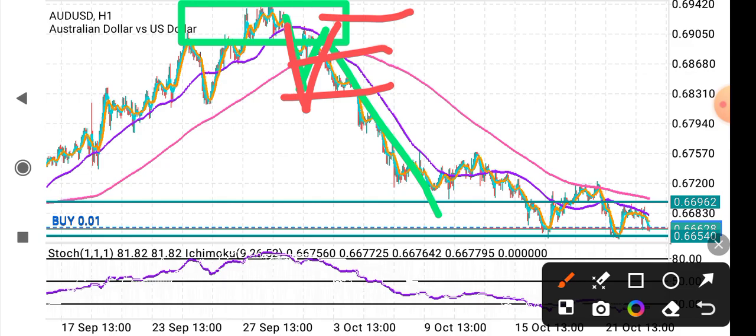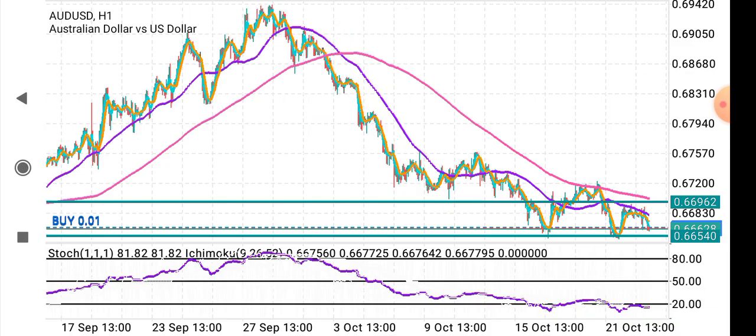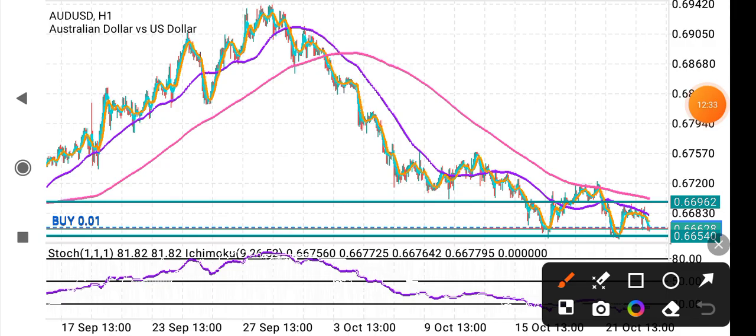So this is the very safe zone, and then this one is when the market has broken out of reaccumulation.